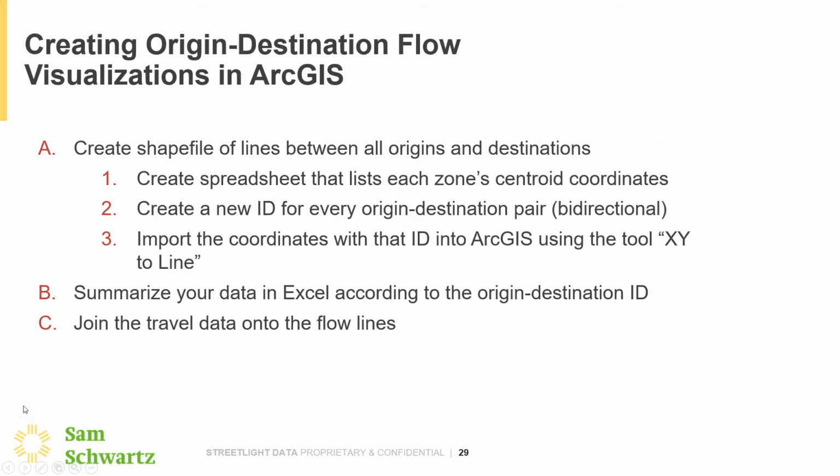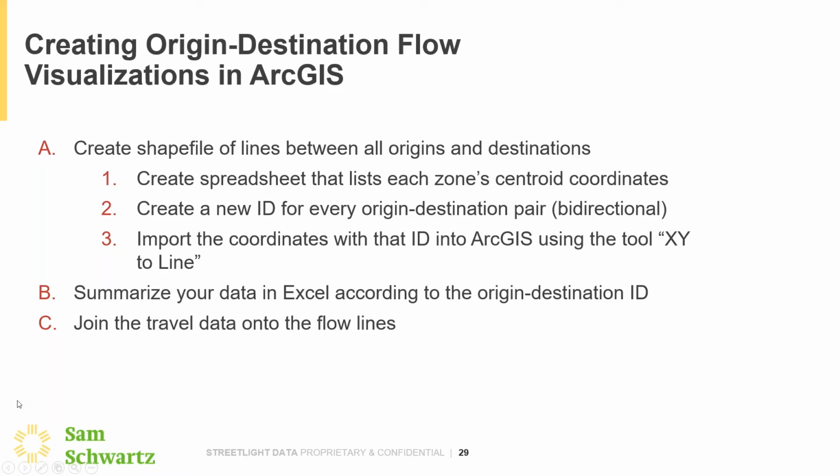When I was preparing this presentation, we had a question from StreetLight that we knew some people were interested in: how to actually create these types of diagrams in mapping software such as ArcGIS. So as I had done, I exported the data out of StreetLight and processed it in Excel to put it into a usable format for mapping purposes.